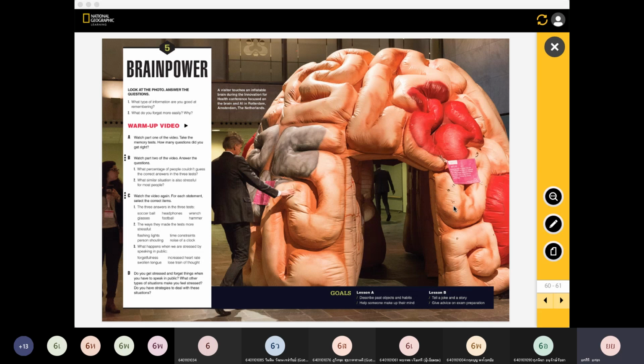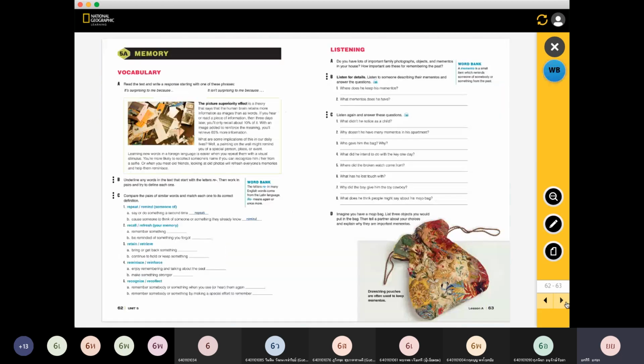We're going to go through some of the contents in this unit just a little bit, and we can continue with that next week. Because when we are talking about brain in this unit, it's called brain power here.